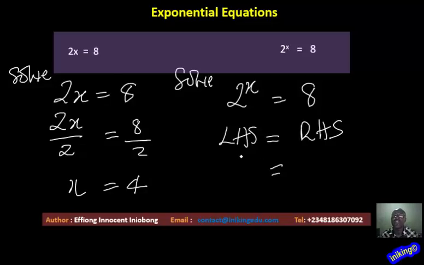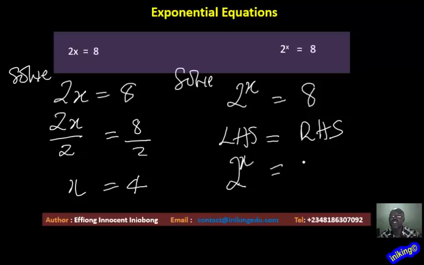Since I have the left hand side as 2 raised to power x, which is the smaller number, I'll be looking at 8. Is it possible to express 8 as 2 raised to power something, so that the base will also be 2? What then will be the index?